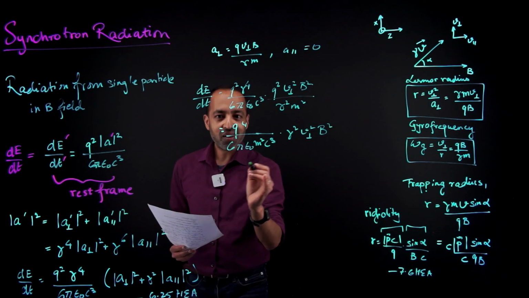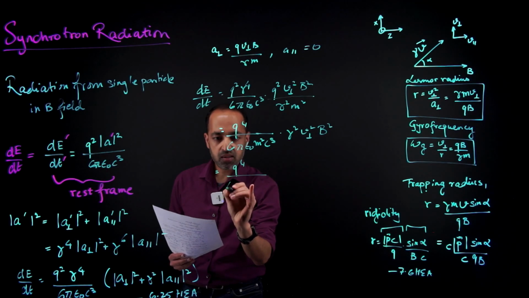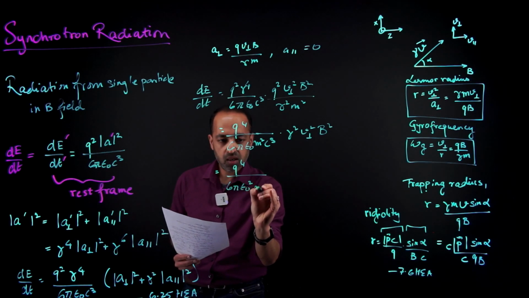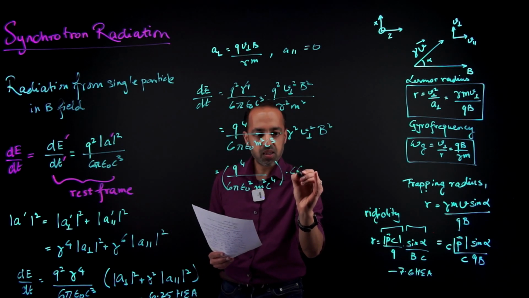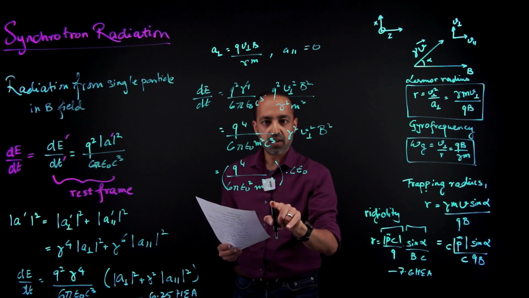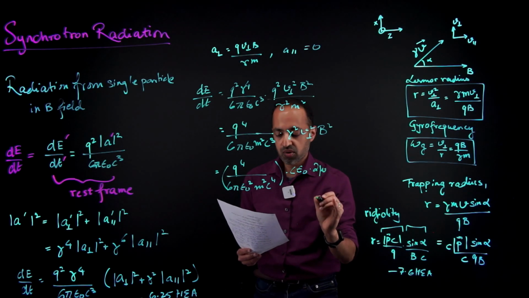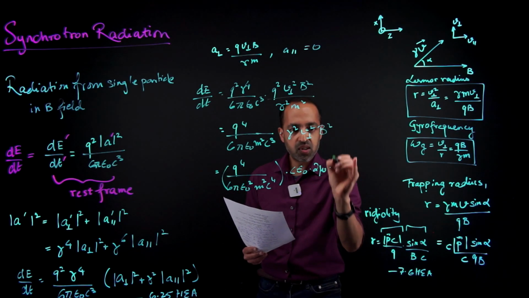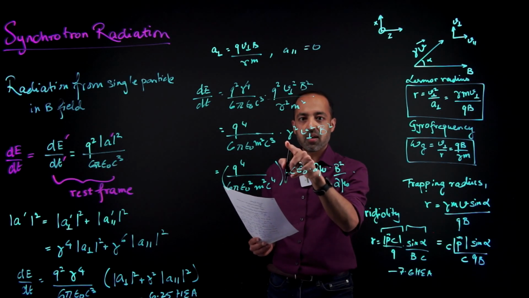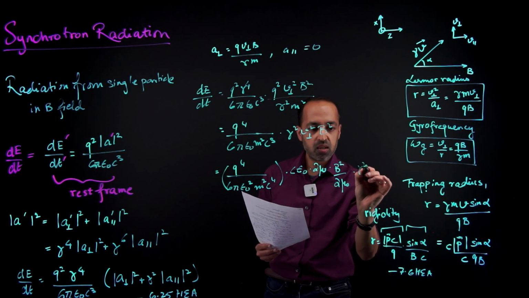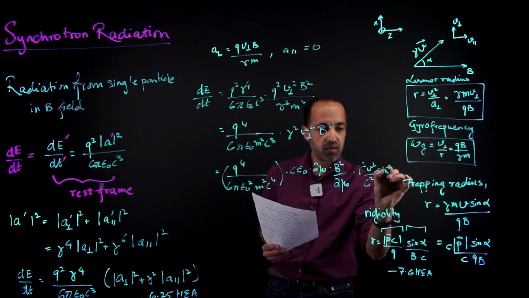And just for fun, I'm going to multiply and divide by some factors. So this is q to the fourth over 6 pi epsilon naught squared m squared c to the fourth power, multiplied by c times epsilon naught, but I'm multiplying and dividing by a factor of c and by a factor of epsilon naught, and I'm going to multiply and divide by a factor of 2 mu naught, you'll see why in a second. Then we have B squared over 2 mu naught, times the remaining stuff here, which is gamma squared v squared over c squared, and then sine squared alpha.